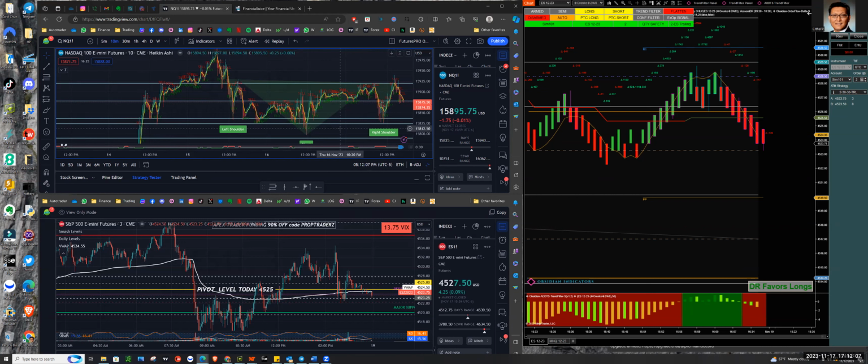Trade Evade, Rhythmic, whatever it is, just make sure everything is clear so that you will have no problems whatsoever with your PAs getting blown, okay?